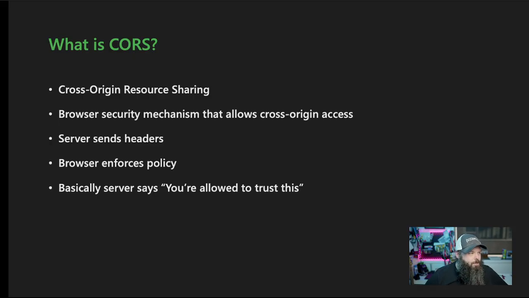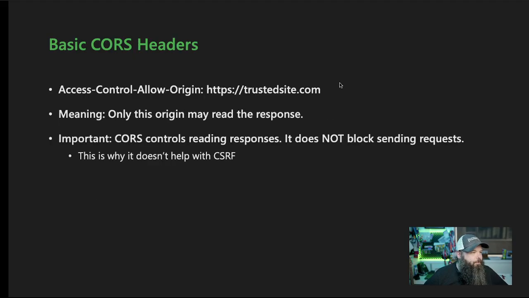So CORS is cross-origin resource sharing. It's a browser security mechanism that allows cross-origin access to the DOM and other things. The server sends some CORS headers, tells the browser what to do, and the browser enforces that policy. So it's basically indicating to us what we are allowed to trust. It kind of looks like this: the main header, and there are a stack of them.